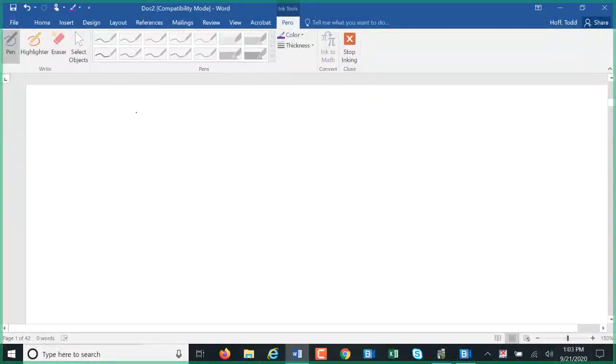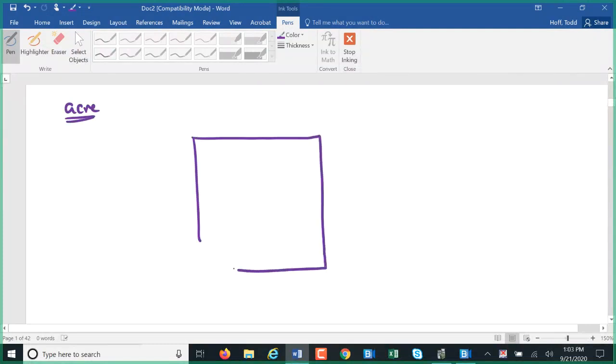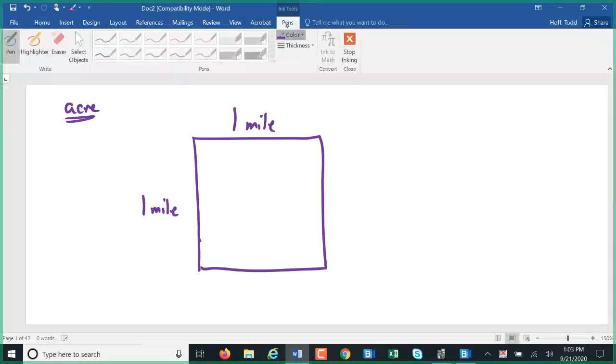Let's talk a little bit more about those acres. We are used to a section in most of our surveying being 1 square mile. And I mentioned the term 40.